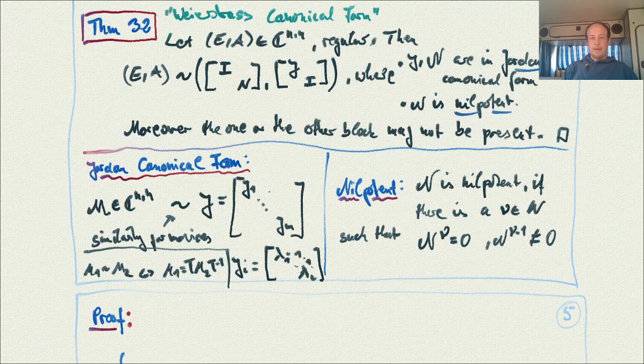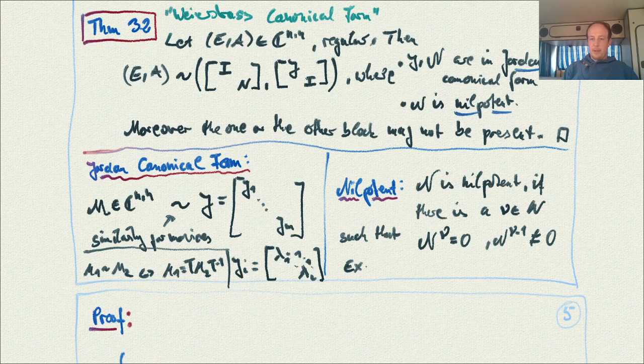So N is a square matrix, you can square it, you can put it in the third power, and there will be one power when this is 0, but importantly, it should not be 0 in the power before. This is needed to have this nilpotency index well defined.